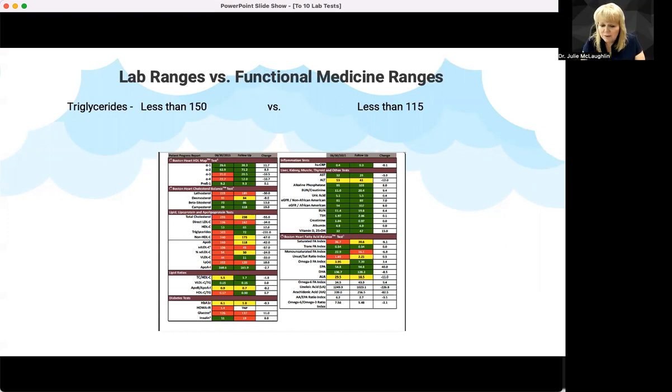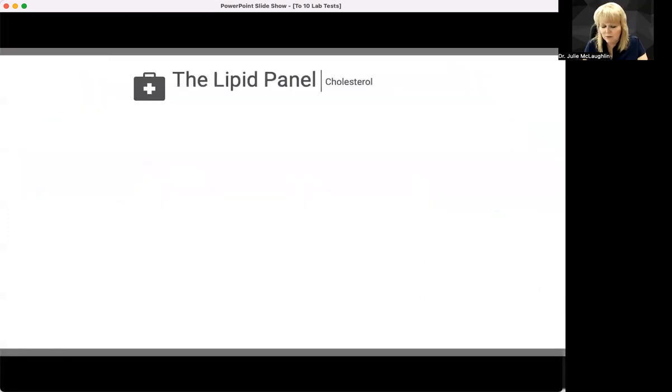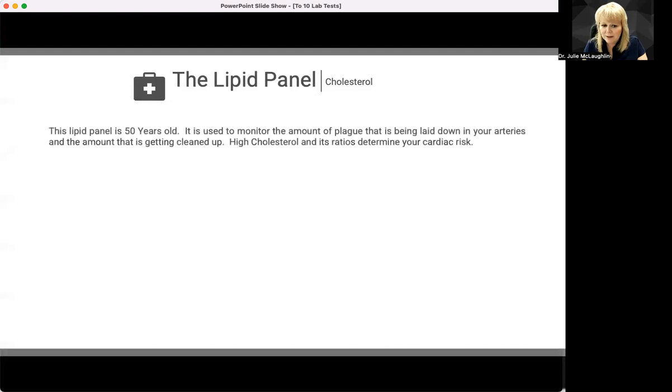With the functional medicine range, we want to look at you in a healthier standard. For example, triglycerides on the lab say they want you to be less than 150. For you to be optimally healthy, I want it less than 115. So we're going to talk about both the lab ranges and the functional medicine ranges. Here we go on the lipid panel.